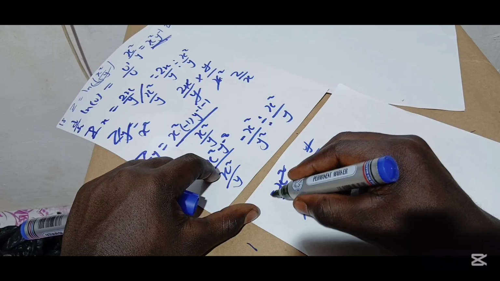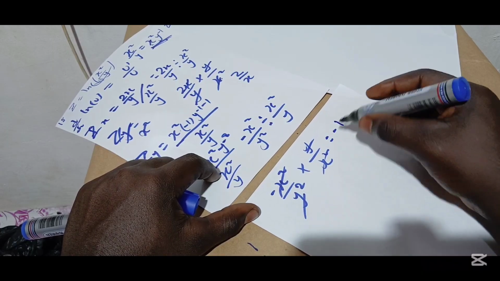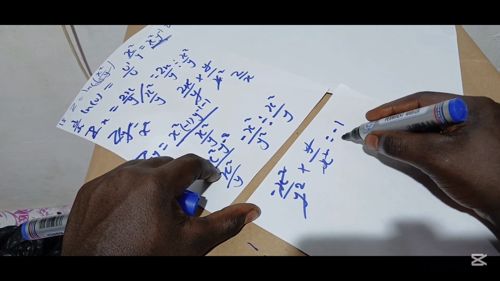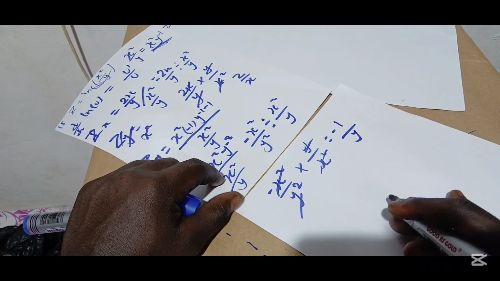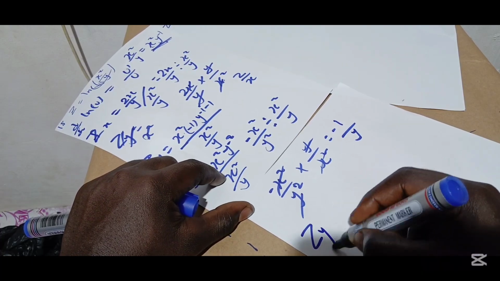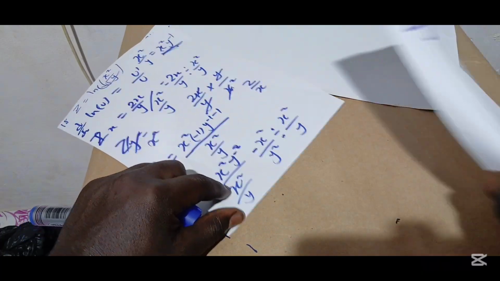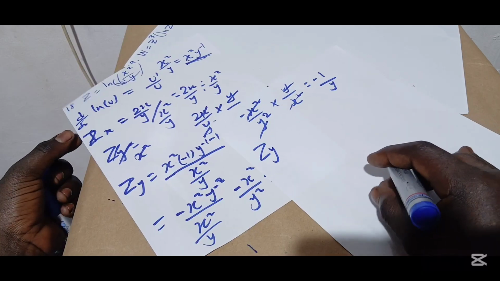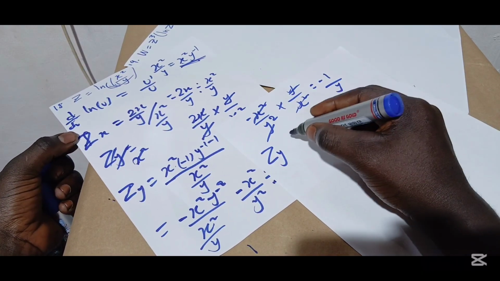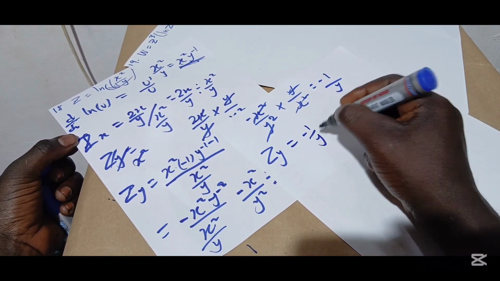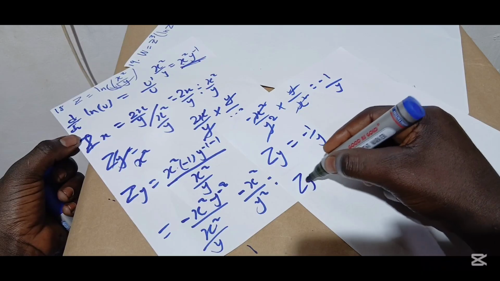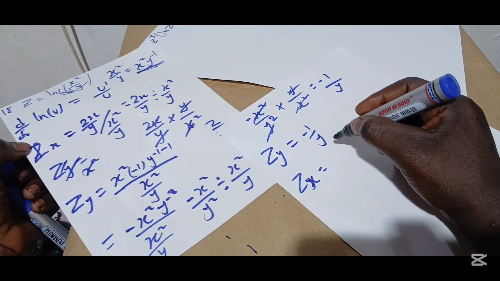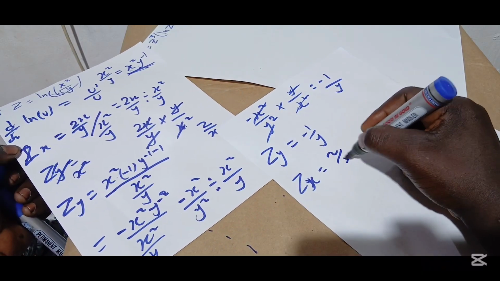We are left with minus 1 by 1 giving us minus 1, y by 1 giving us y. So this is our final answer for zy. So in this case, our zy equals minus 1 on y, and our zx equals 2 on x.